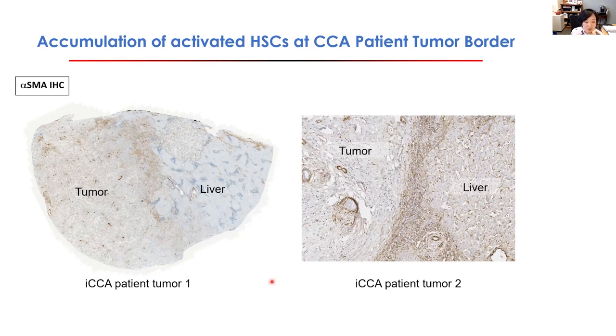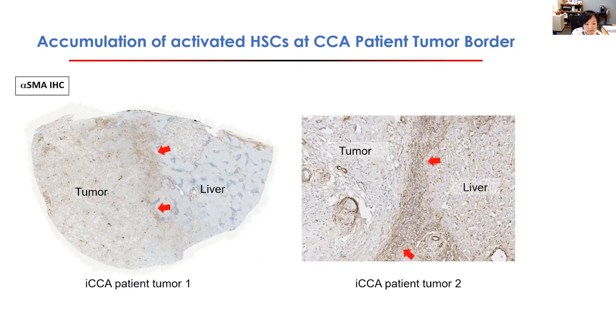I hope you can appreciate that oftentimes you will see a barrier formed by alpha-smooth muscle actin positive hepatic stellate cells that sits right at the tumor edge, seeming to block the tumor from invading into the liver. This is even most obvious in early stage tumors. So we're excited that we think our in vitro co-culture model indeed captures some of the tumor-liver interaction that is happening in patients.